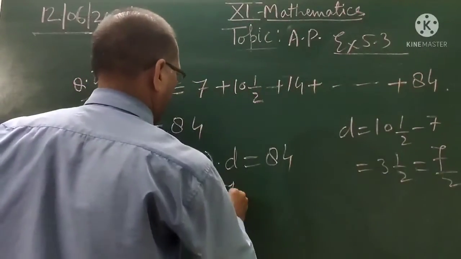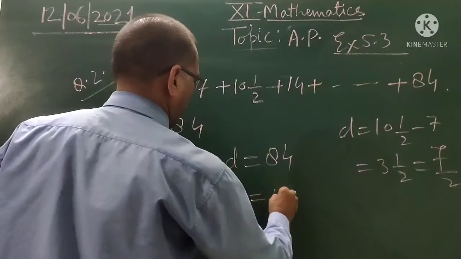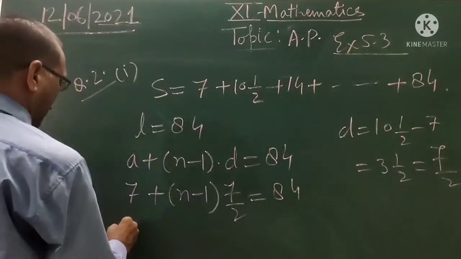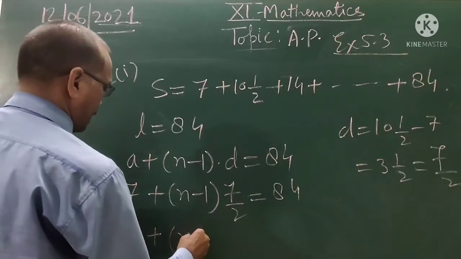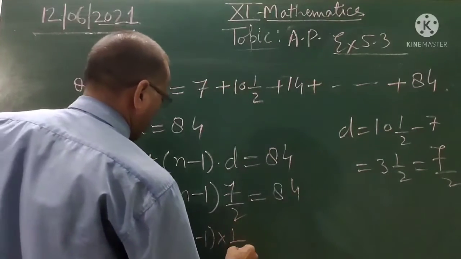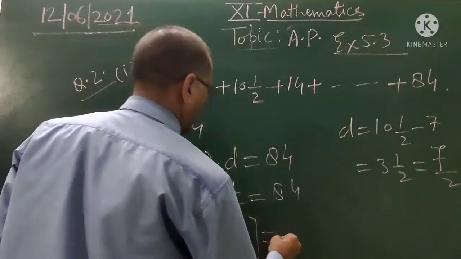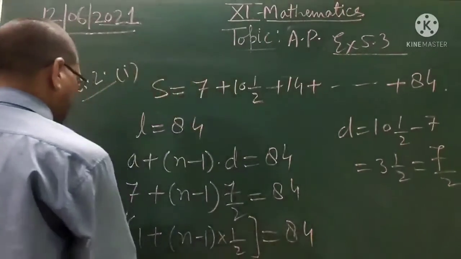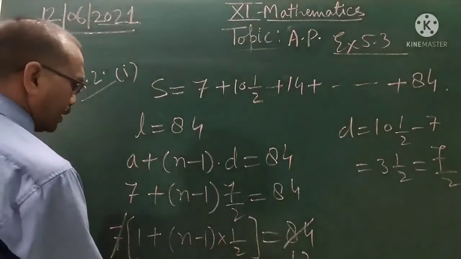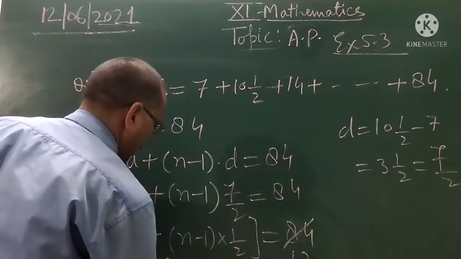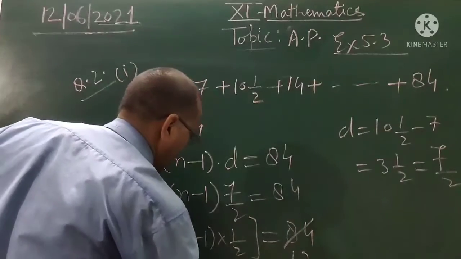So 7 plus (n minus 1) into 7 by 2 equal to 84. 7 is common. It is 7 into (1 plus (n minus 1) into 1 upon 2) equal to 84. Then 7 into... equal to 84, so (n minus 1) upon 2 equal to 11.